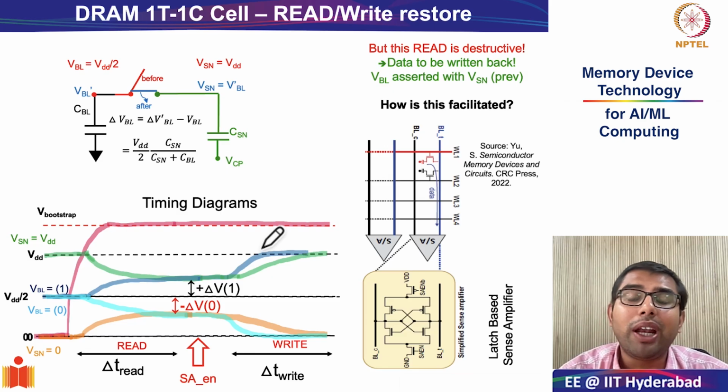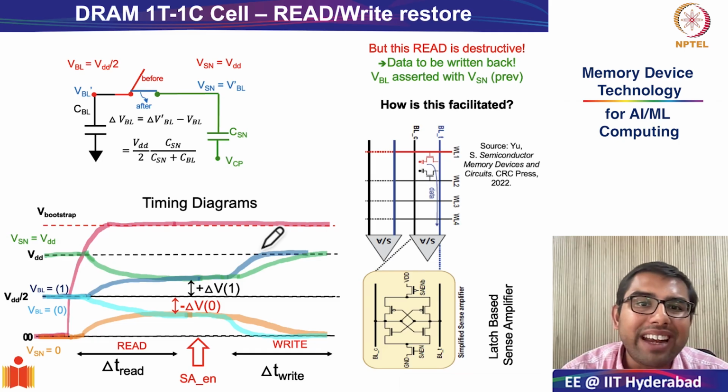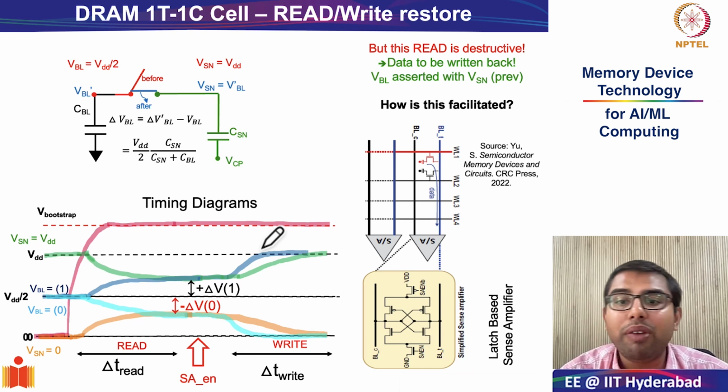Also, we looked in detail in the last one or two classes at the mechanisms involved in the read, write and restore operations, and the importance of the refresh operation. So today we will conclude our study of the DRAM subsystem by looking at more technological aspects.